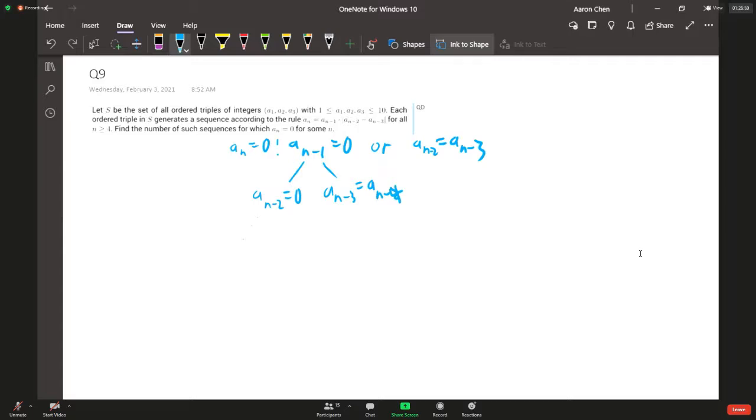And this can just repeatedly go on until you have that a4 is equal to 0. And at this point, because you're given that all three of a1, a2, and a3 are greater than 0, this will give you that a2 is equal to a1.